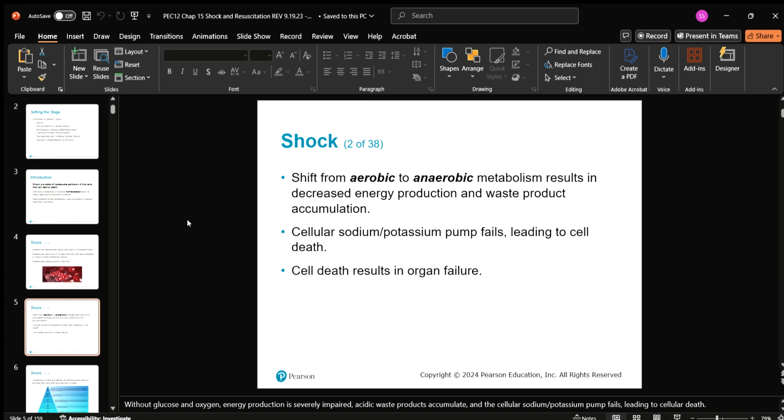When your cells go from aerobic to anaerobic, one of the waste products created is lactic acid. Have you ever been working out real hard and afterwards your body just feels juiced? You can feel the buildup of lactic acid. That's because your body has moved to an anaerobic metabolism.